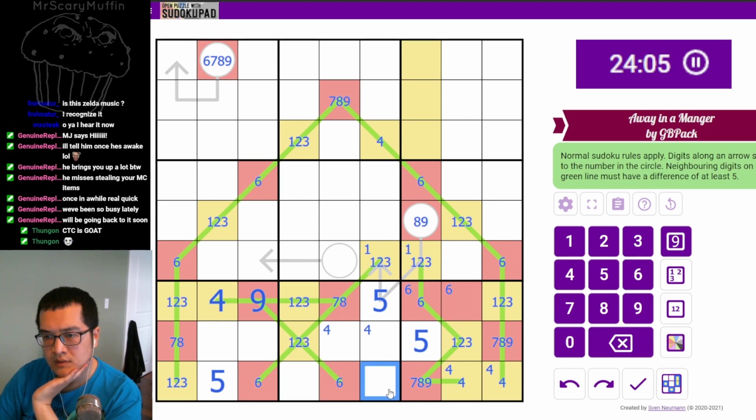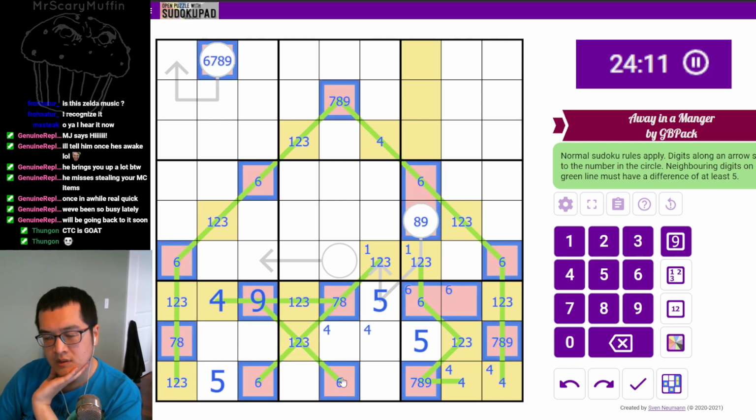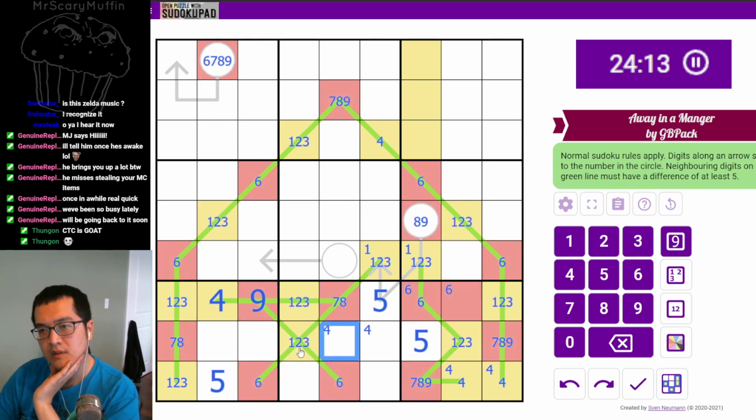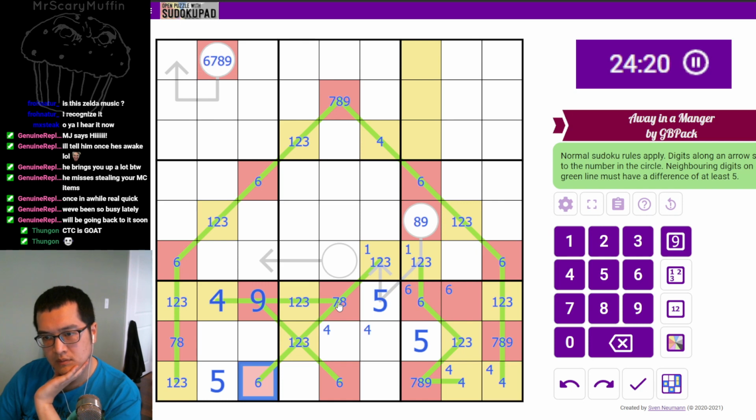But if this is a 2, then this would need to be a 7 and 8. 2, 7, 8. And this will have to be the opposite of this number, which will then be the opposite of this number. Then we have the 7, 8. This would be the 9.